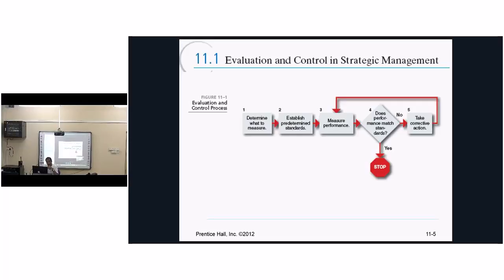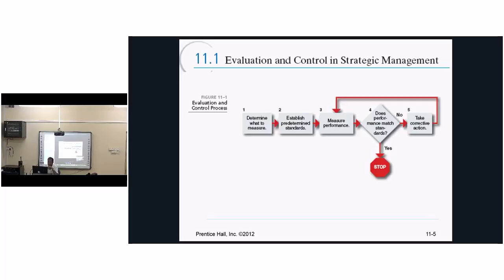You need to analyze and see why we are exceeding our standard. You do a lot of analysis, take corrective actions, and again measure the performance. You compare against the actual until it reaches your standard; you take corrective actions and keep on measuring.